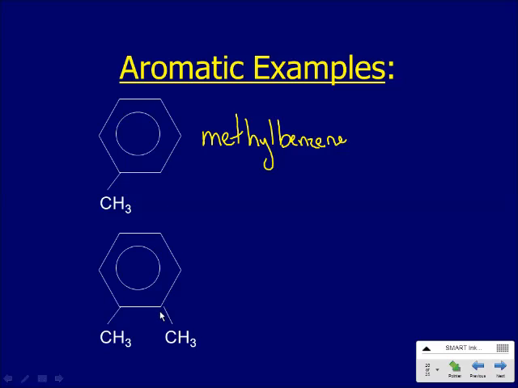We could call this position 1 and this position 2. And so we could call this 1,2. In this case, I have two methyls, dimethyl, and it's stuck to the main object there, the benzene. Benzene. Okay?